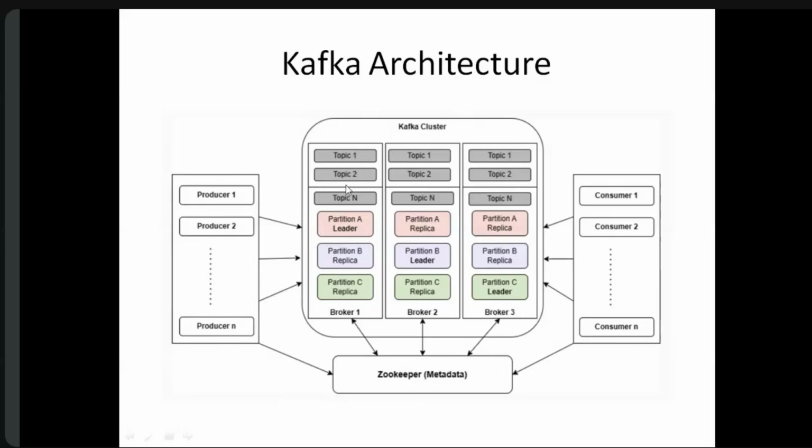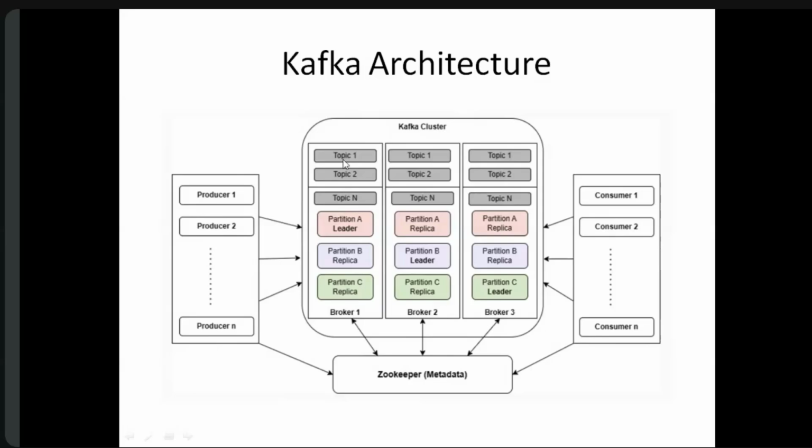For these three partitions, one of the partitions will be stored in some broker, another in some other broker. Similarly, for topic 2 also I created some partitions. One of the partitions will be stored in one of the brokers.